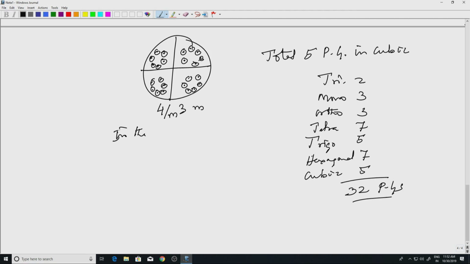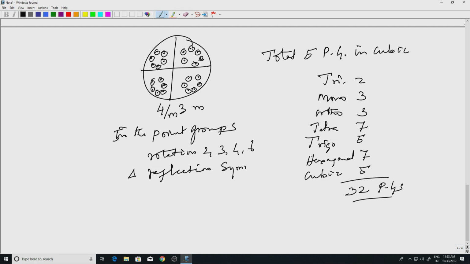So far we have seen in these groups rotation like 2, 3, 4 and 6, and reflection symmetries only.